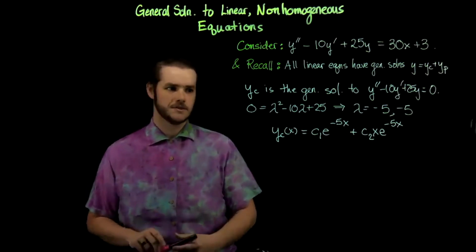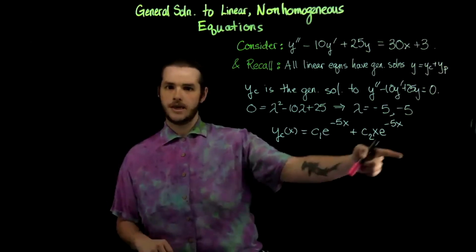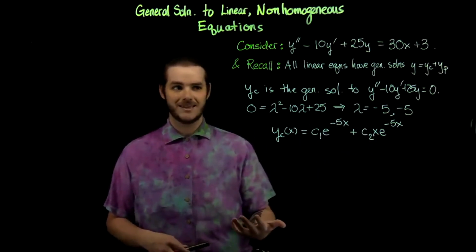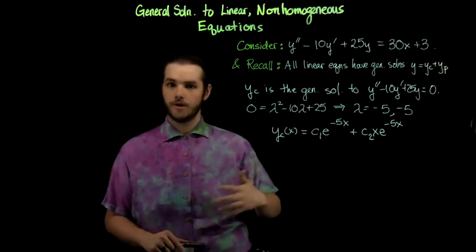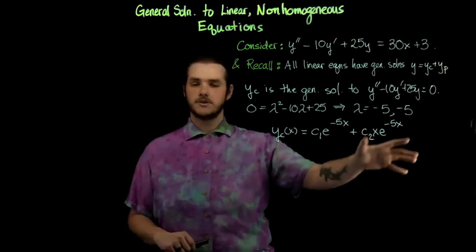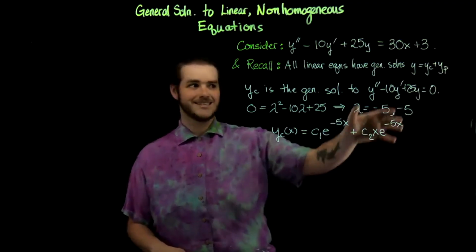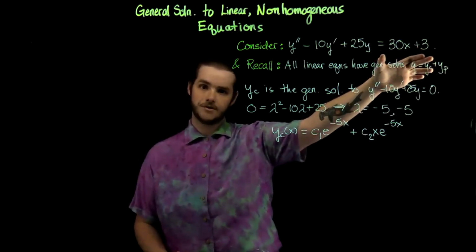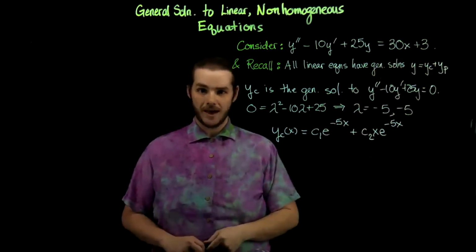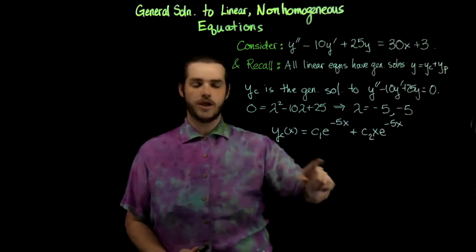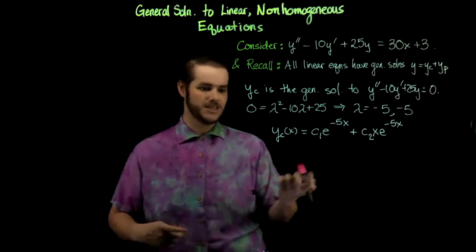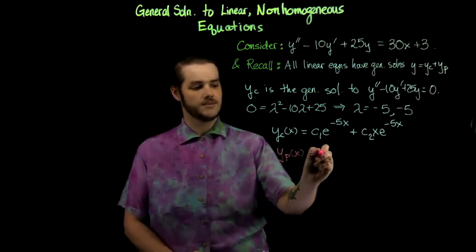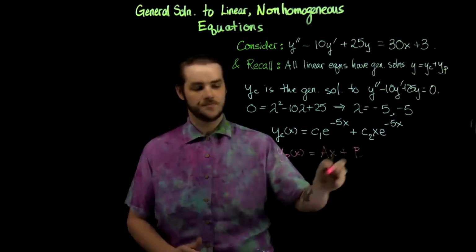What I'd like you to notice is, at the moment, the information we have about our general solution is in terms of exponentials, and we expect to see that because we have a linear equation. However, nothing about this general solution is giving me the linear terms that I see over here. In other words, I would expect to see some linear function of x, or maybe something like a constant times x plus another constant.